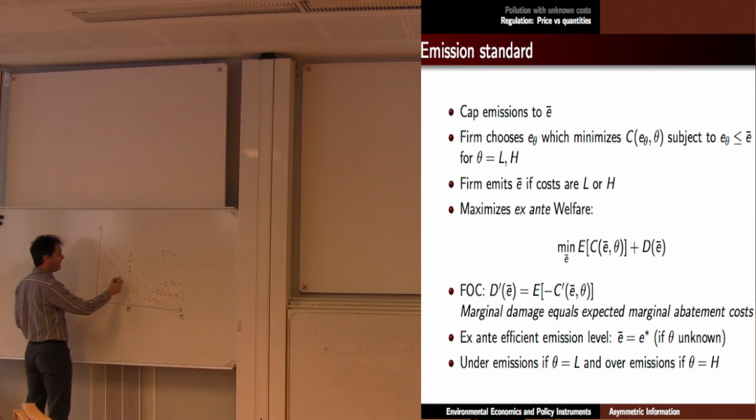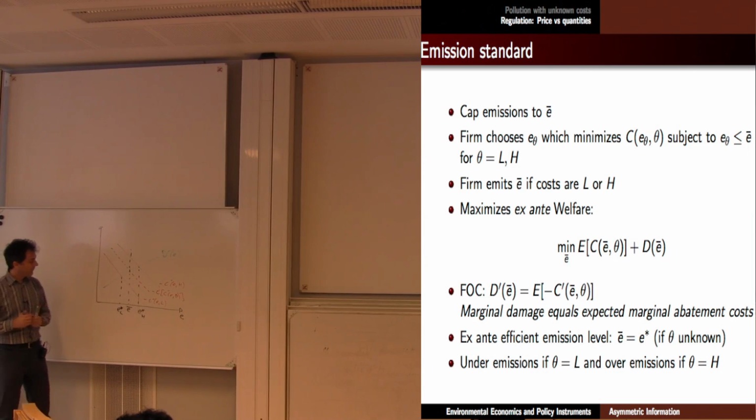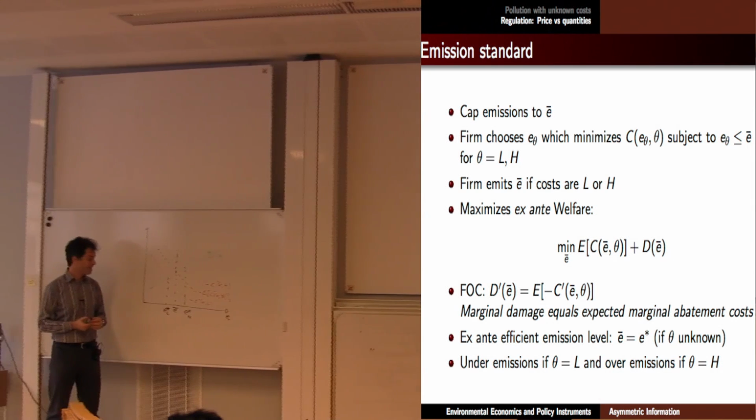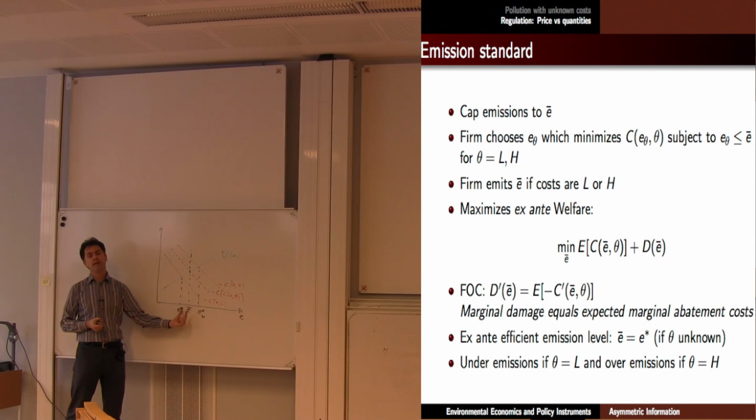So the first best differs if costs are low. This will be the first best emission with low cost, and this will be the first best emission with high cost. So if there are high costs of abatement, you let the firm emit more because it's more costly to abate. Okay. So here you get something which is in between.